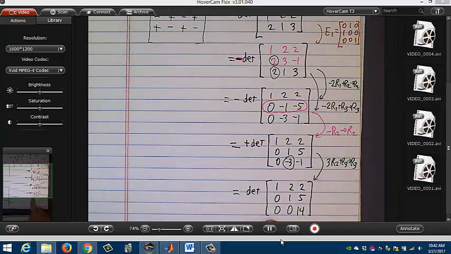It's 0 plus 0 plus 14 times the determinant of what? 1, 2, 0, 1, right? It would just be this upper corner at that point. Does that make sense? And what's the determinant of that 2 by 2 matrix? Yeah. So the answer? 14.